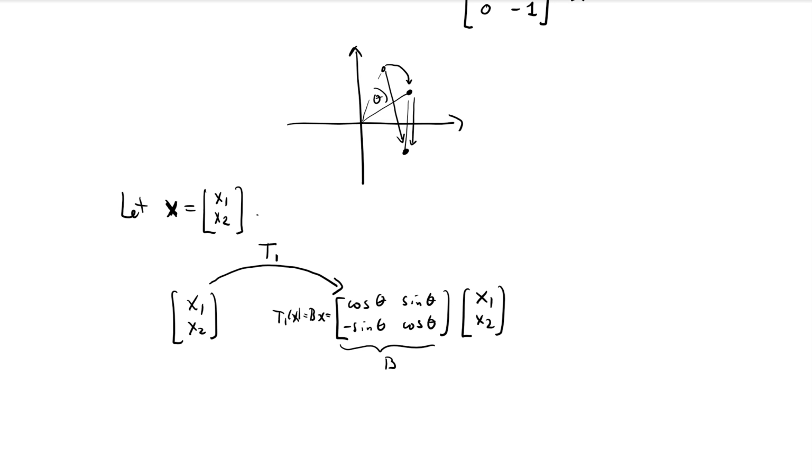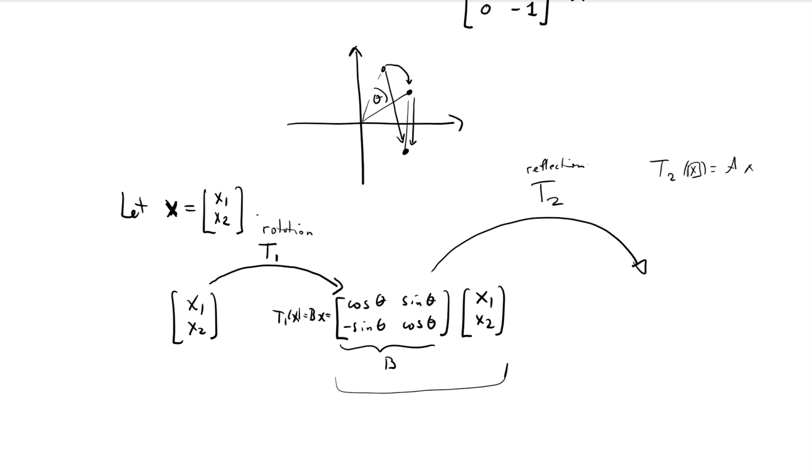I take this vector and then I apply T2. T2 will reflect it across the x-axis. And if we go back, T2 of x is A times x, but now my x is all of this, because this is the input now.